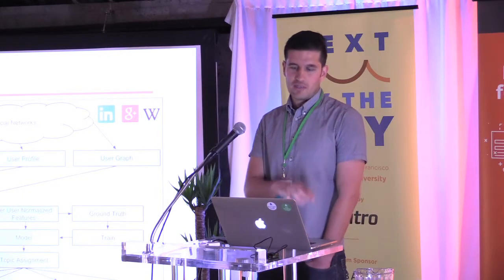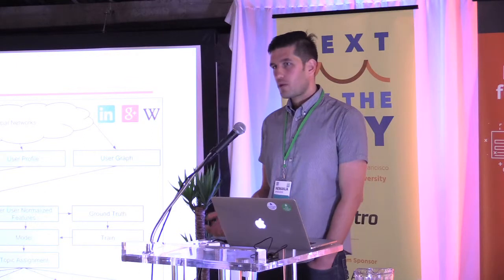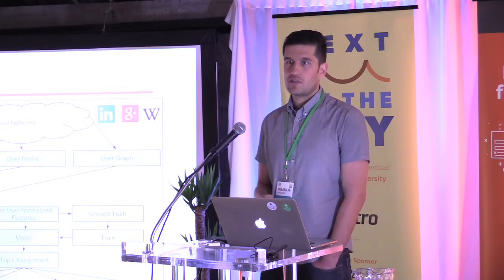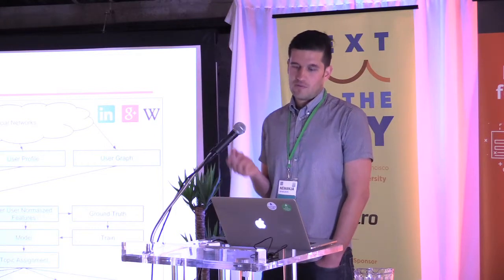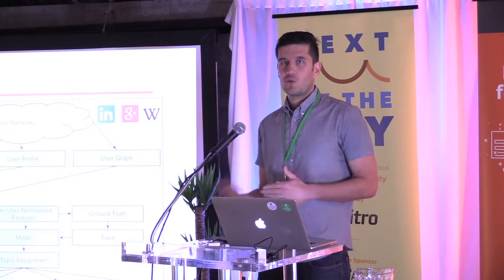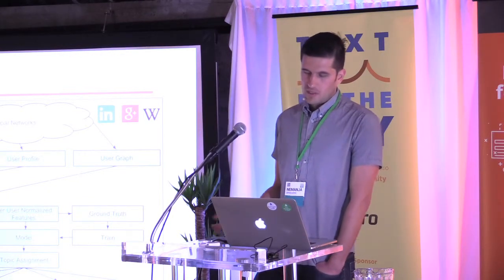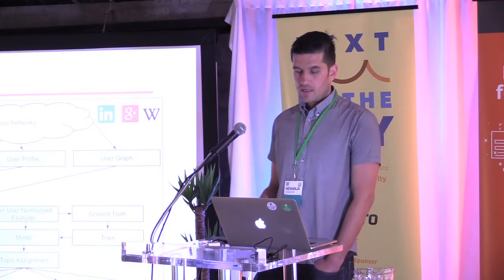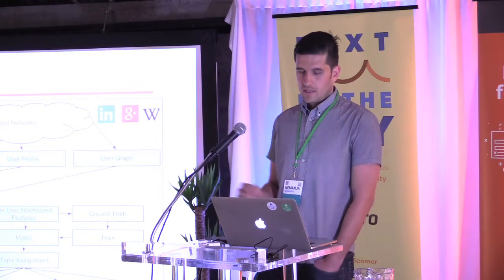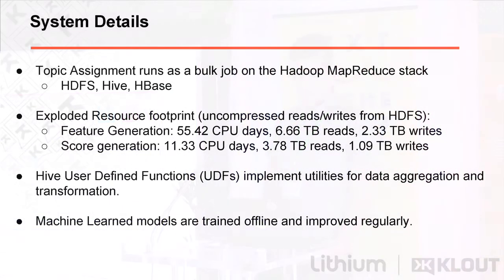After that, we project text features to topical features, and then we normalize the topical features, where for a single user we map all the feature values from 1 to 0. Then we train on the ground truth, and every day we calculate the scores using the trained model. After that, the topical assignment gets different applications throughout the product.